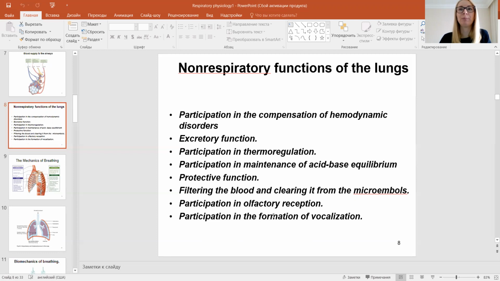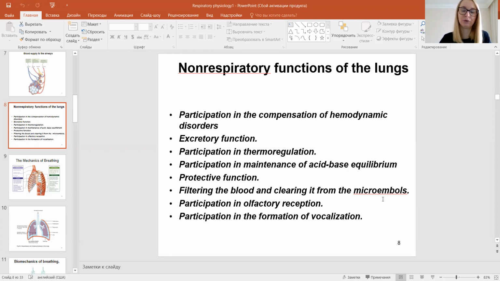Next one is participation in thermoregulation. In case of hyperventilation of the lungs, a great amount of heat can be expelled through the lungs by exhaling heated and humidified air. On the other hand, it can be retained in the body during hypoventilation.